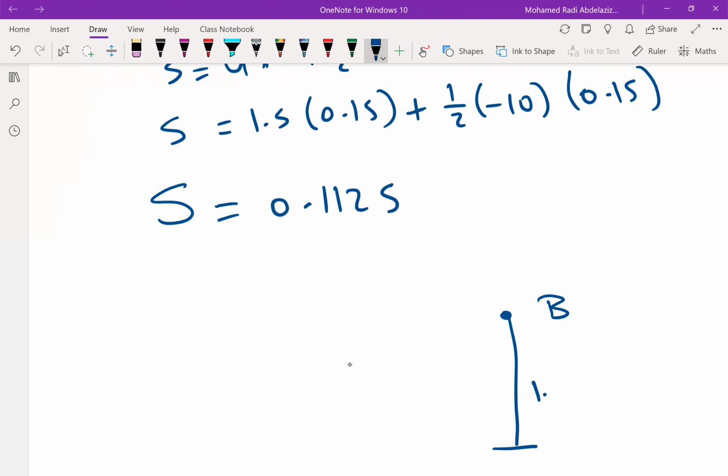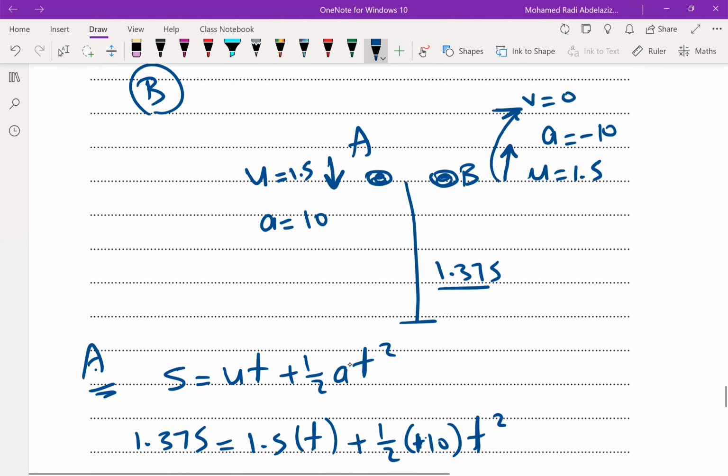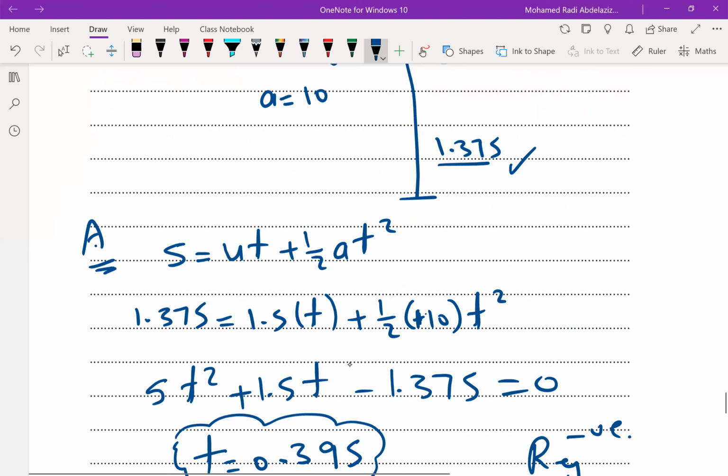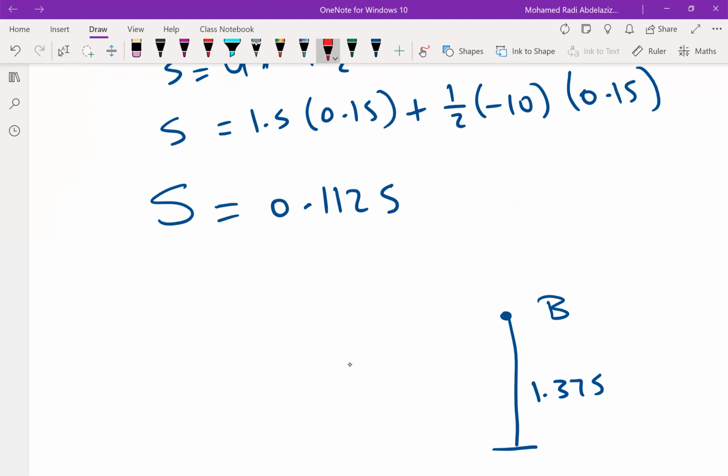Now, the particle B between the ground, it was 1.375. If you remember this distance, 1.375, then because of inertia, it moves up more, 0.1125. Then now it starts to move to the ground.